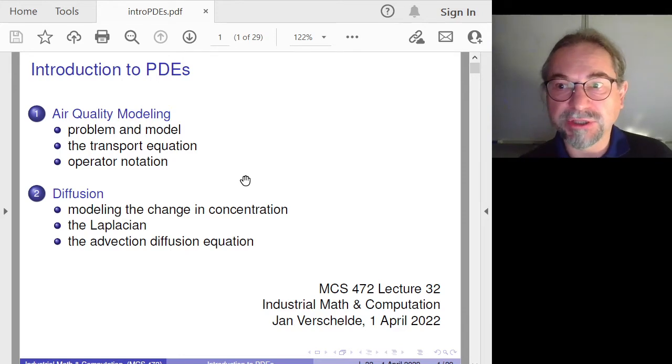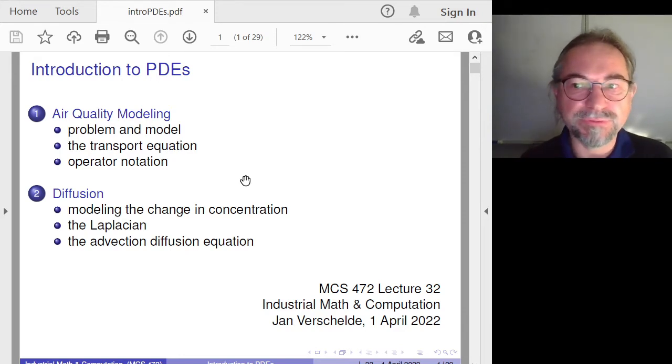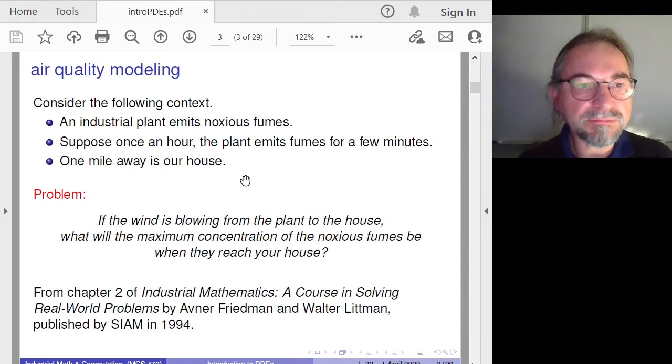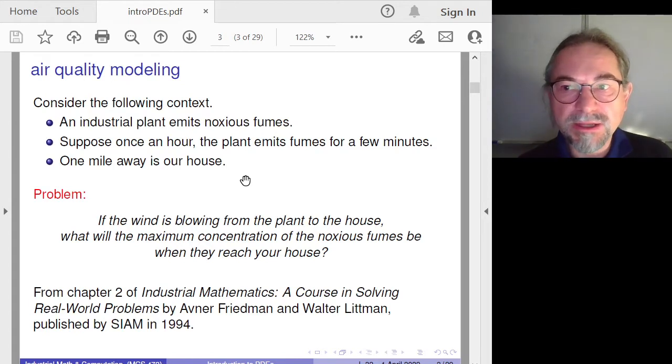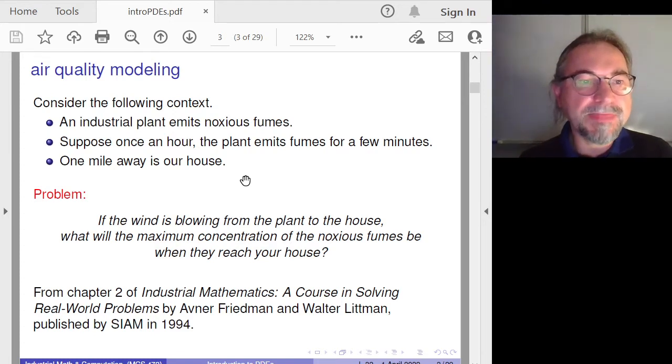So partial differential equations are extremely useful in modeling and solving problems. So let's consider a problem here. What is the setting? We are considering the air quality, and the air quality is in general good, except that there is an industrial plant, unfortunately not that far away, or not that close either, from our house.